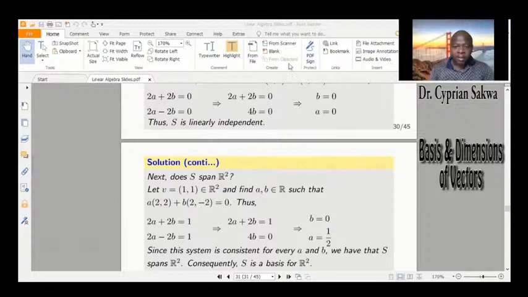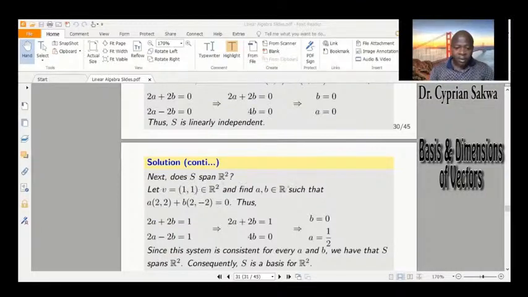Just as we did in our video on spanning sets, we choose a vector in R2, and we want to see whether it is a linear combination of the vectors that were given.